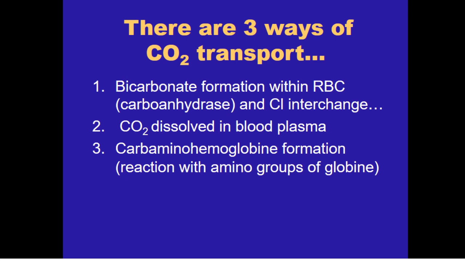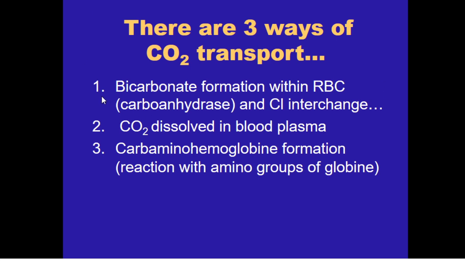And to finish this discussion, please write 3 ways of carbon dioxide transport. Because from school we studied that hemoglobin transports carbon dioxide back from the tissues to the lungs. It's not completely correct, because carbaminohemoglobin formation, real interaction with hemoglobin, is only 10% of the whole transport of carbon dioxide.